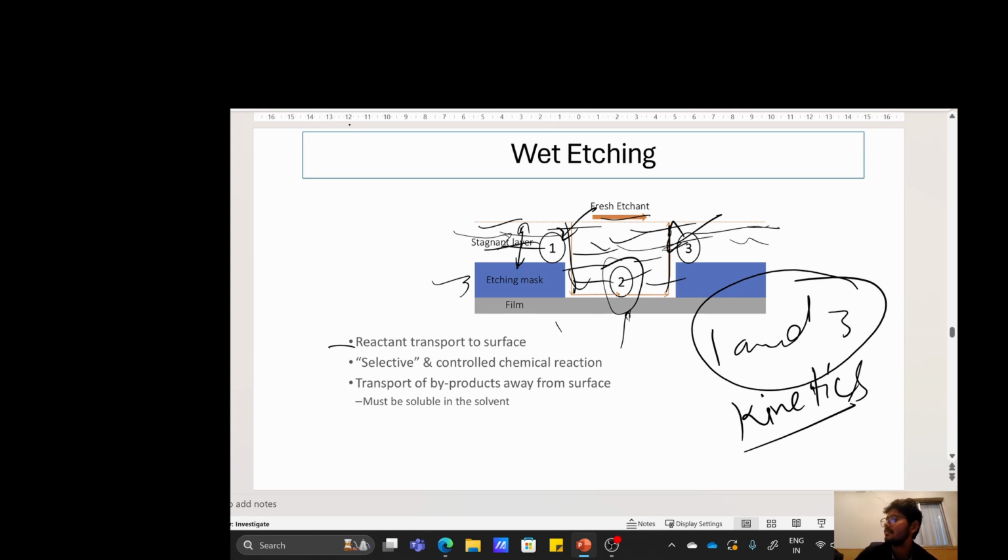The fresh etchant should be transported through this stagnant layer. This selective and controlled chemical reaction is required, and it should be very selective to this film, not to the etching mask. The third is the transport of the byproducts from the surface to the outside, so that fresh etchant can come.